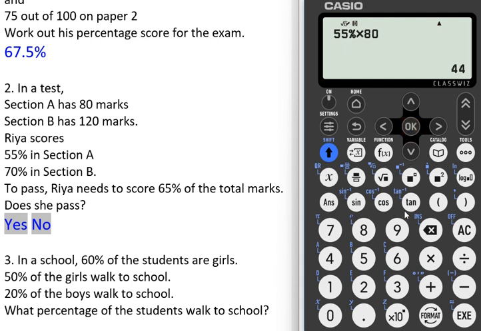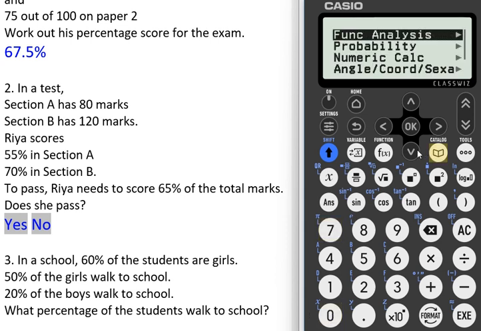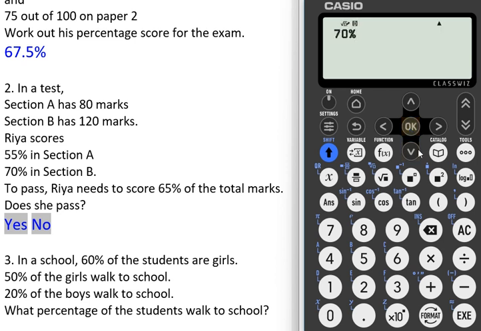Section B, she got 70%, so 70 catalogue probability, okay there, so 70% times 120, and execute is 84 marks. So what I want to do is add the value from memory A to that.